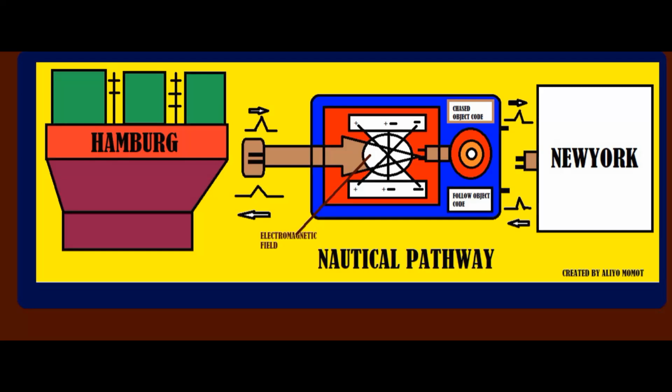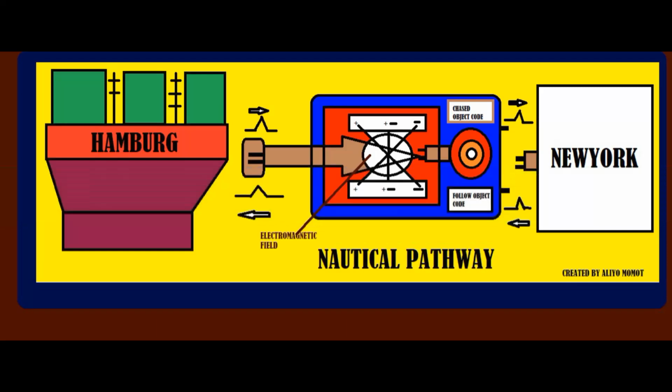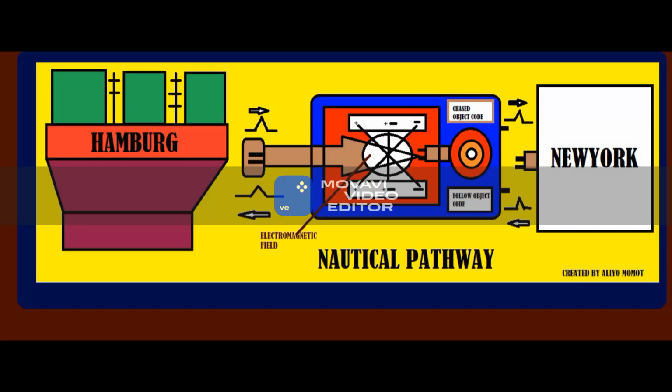And so this machine on the water moves. The ship follows this machine, and then finally the autonomous system would definitely work very well, because the ship will never lose its direction, will always get to New York, because it's following the nautical pathway.